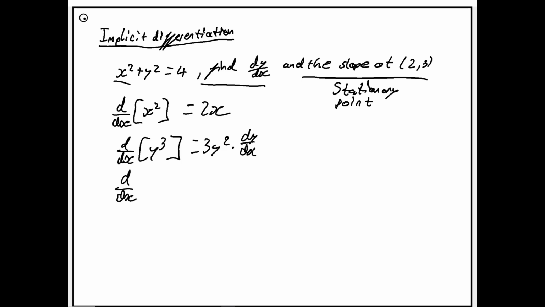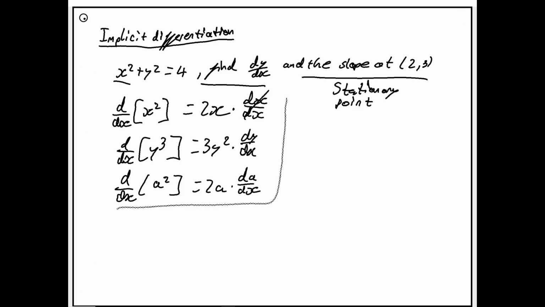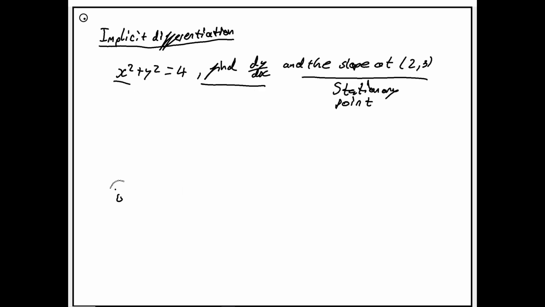Same if we've got a squared, then we'll have 2a times dA by dx, and that's because this one will just be dx by dx, and obviously they cancel, so we don't need to worry about that. We can just ignore it.